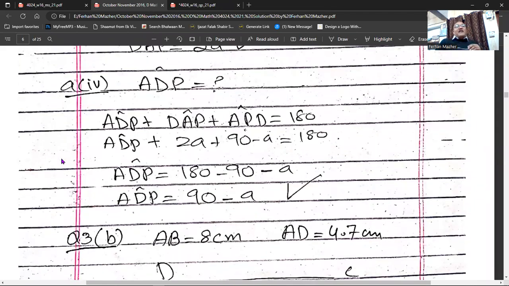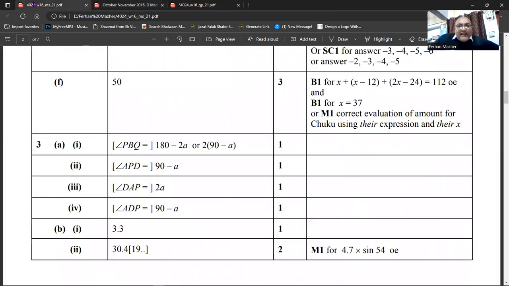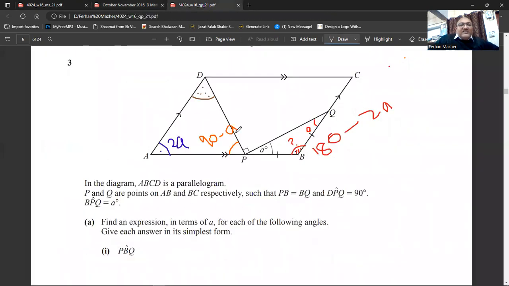ADP plus DAP plus APD is equal to 180. So ADP plus 2A plus 90 minus A equals 180, so ADP will be 90 minus A. So this angle is also 90 minus A.